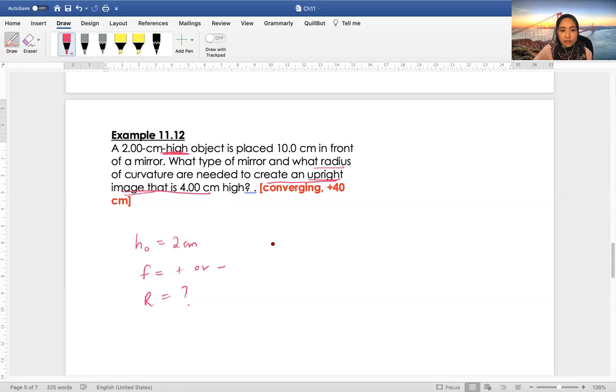Upright image. So we have the height of the image, right? 4 centimeter high. So if we have the height, what is the equation that we can use? Anyone? Magnification. Yes, magnification, which is HI over HO equals minus V over U. So I have HI as 4 centimeter, this as 2 centimeter.